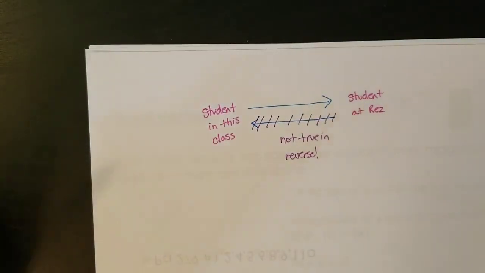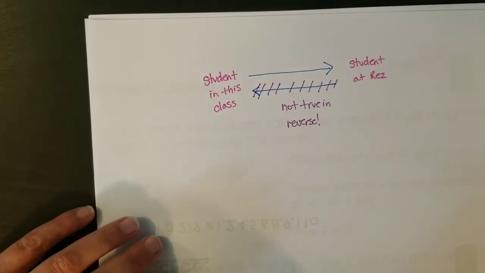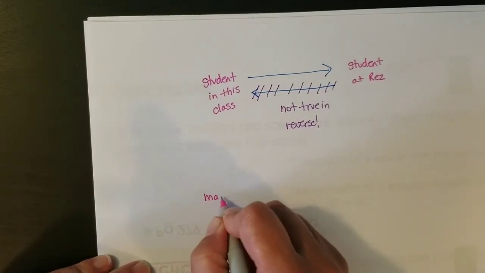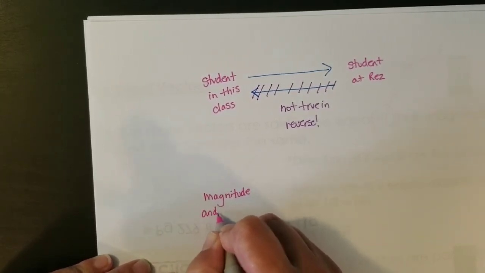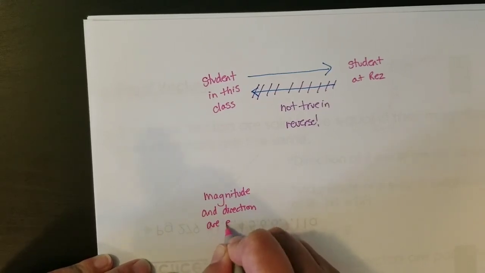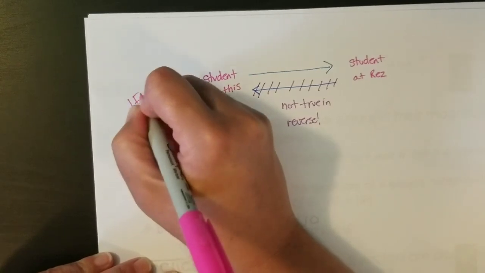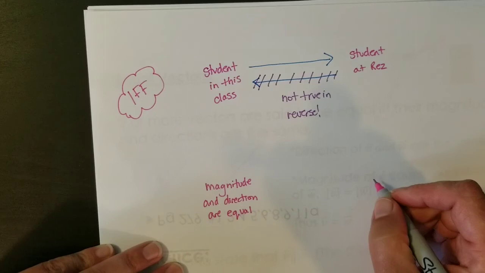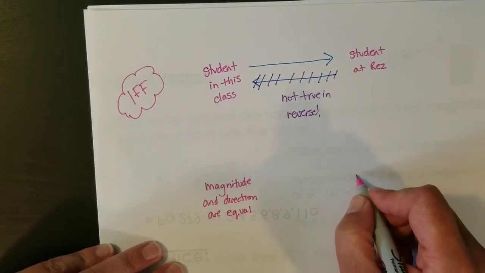But that if and only if tells us that it is true in both directions. So magnitude and direction are equal if and only if the vectors are equal.